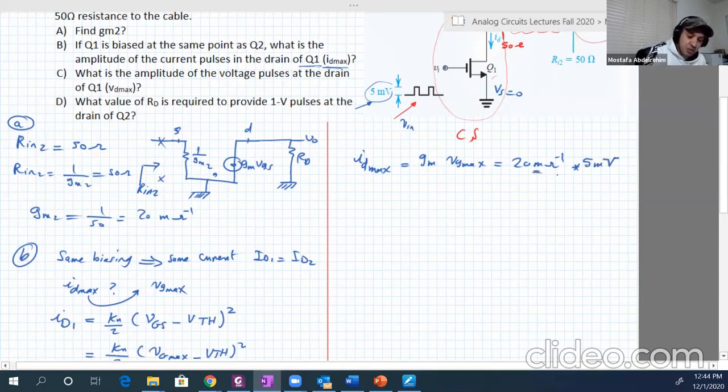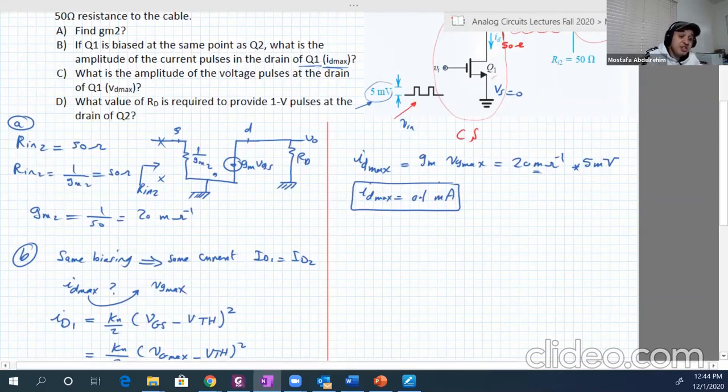So id max basically is 0.1 milliampere. That's what's required in B.